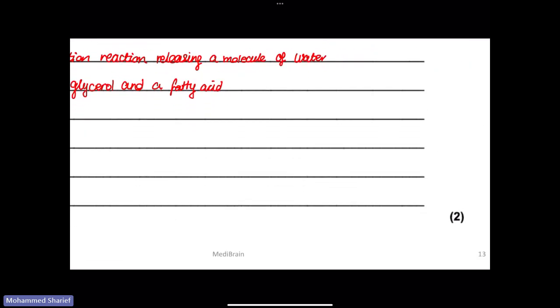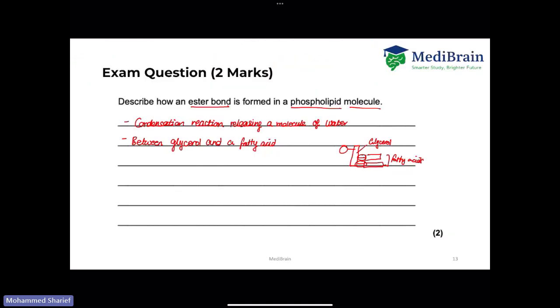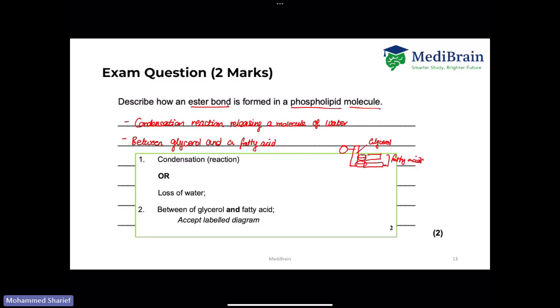If we were to picture that, remember we had this rectangle that was a glycerol, and then we had these two fatty acids, and then we had this one phosphate. These two ester bonds are being formed between one glycerol and two fatty acids, releasing two molecules of water in the process. Looking at the mark scheme, condensation reaction between a glycerol and a fatty acid, which we have there. That would be worth two marks.